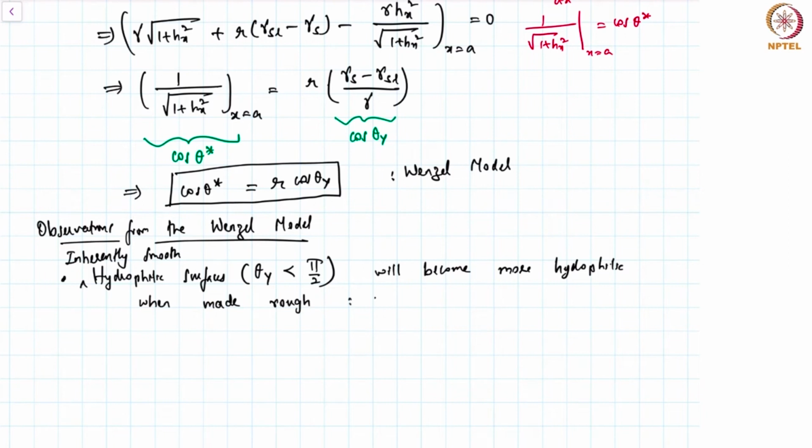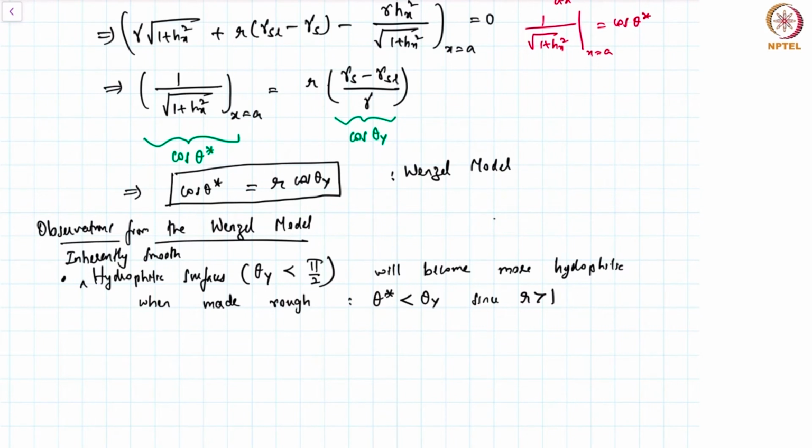This is due to the fact that theta star becomes less than theta y since r is greater than 1. So if you look at the cosine function, when angle is 0, it's at 1, and then it's a decreasing function. So if your cosine of theta star is larger than the cosine of theta y, that's the equilibrium angle, then the only way that can happen is when theta star is less than theta y. Okay.